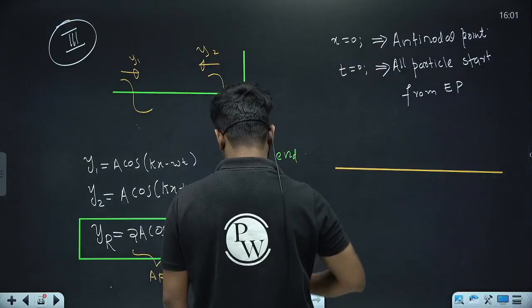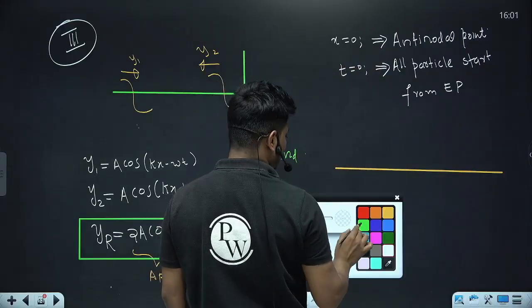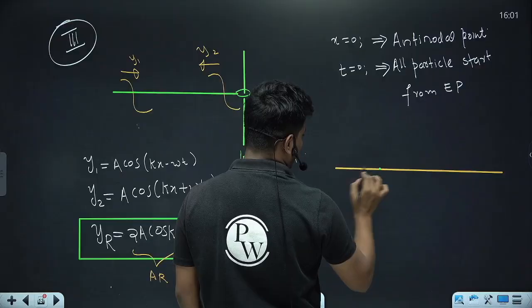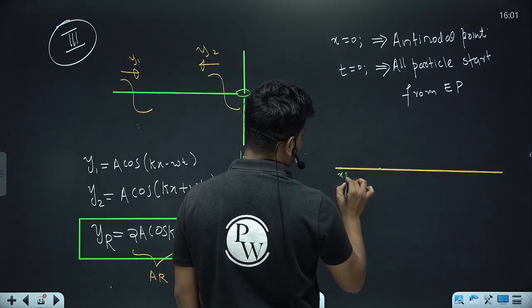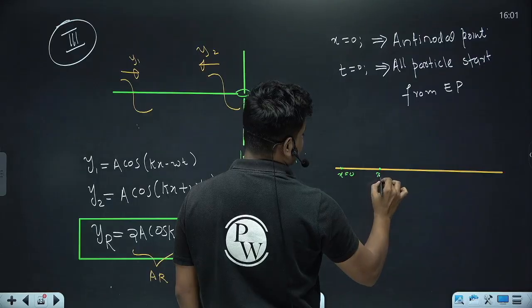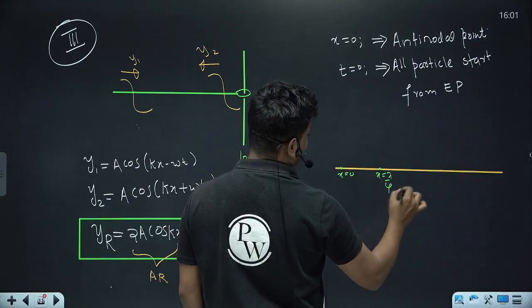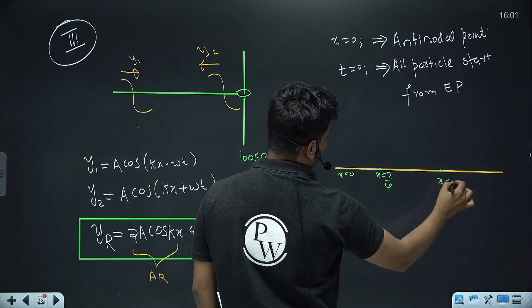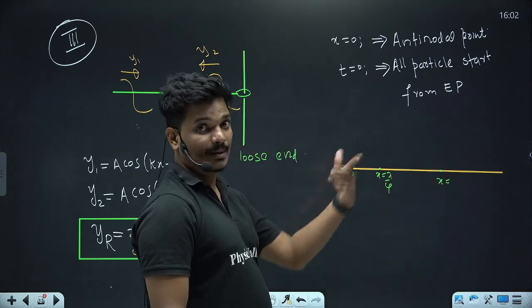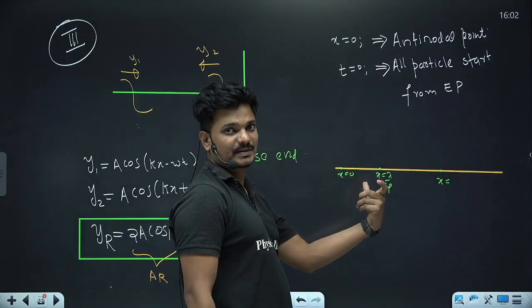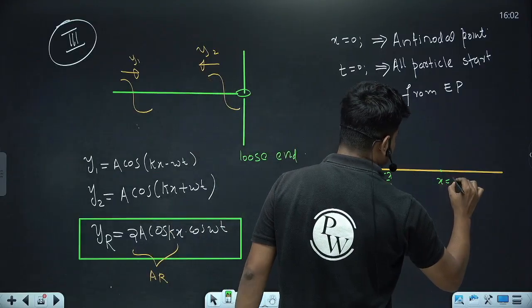This is x equal to 0, an antinodal point. And this is x equal to lambda by 4, a nodal point. The next antinodal point is at lambda by 4 plus lambda by 2, that is 3 lambda by 4.